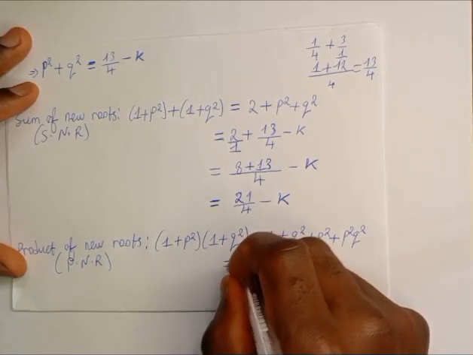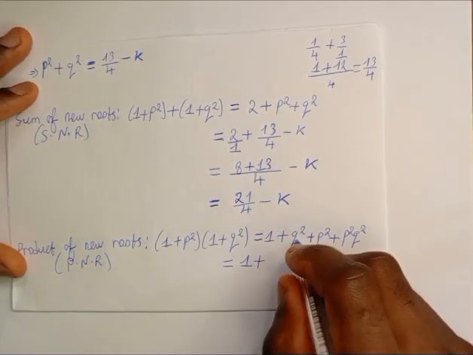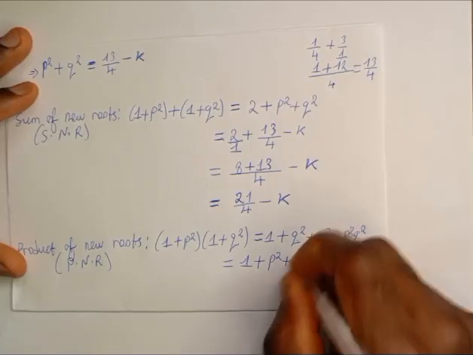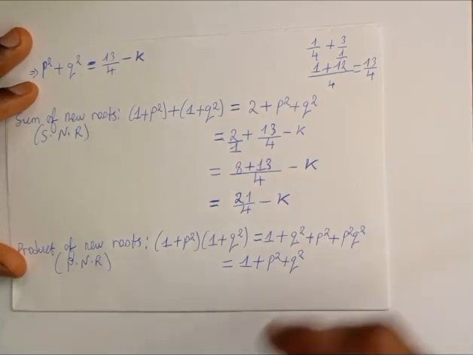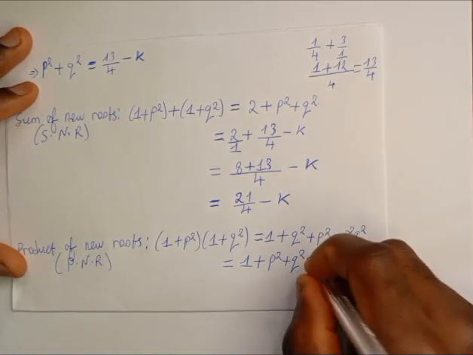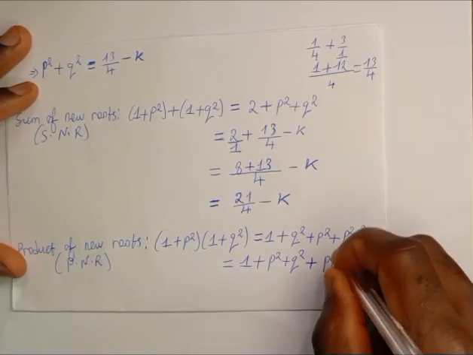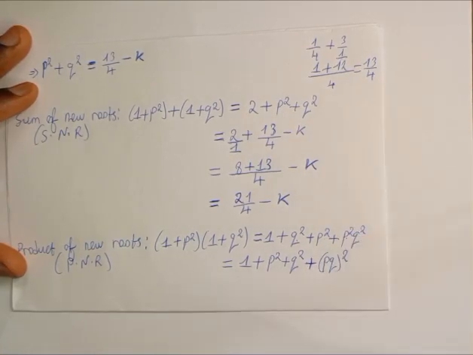This will simply be equal to 1 plus q squared plus p squared is the same as p squared plus q squared. Remember, addition is commutative. Plus p squared times q squared is the same as pq, all this squared.